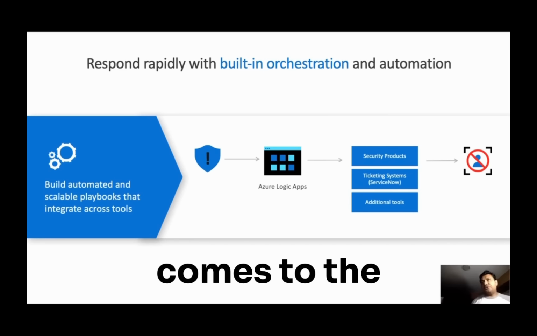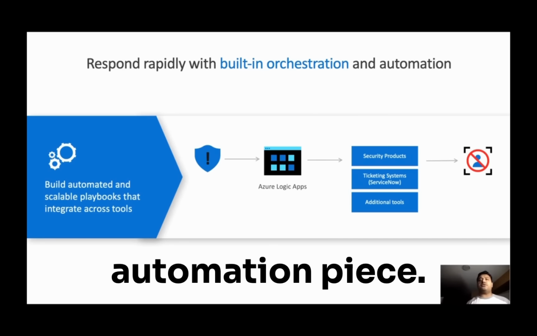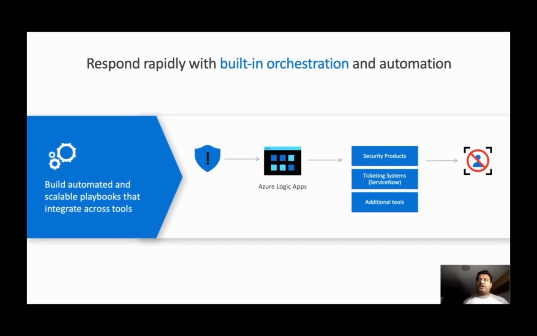Now it comes to the automation piece of it. So what we have talked about is once you're done with that, as an analyst or your security operations team working on that, there are some tasks where you just want to take automated action. So you can be proactive. You don't want to be reactive and wait.